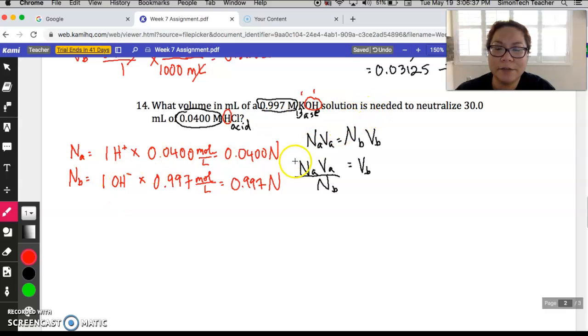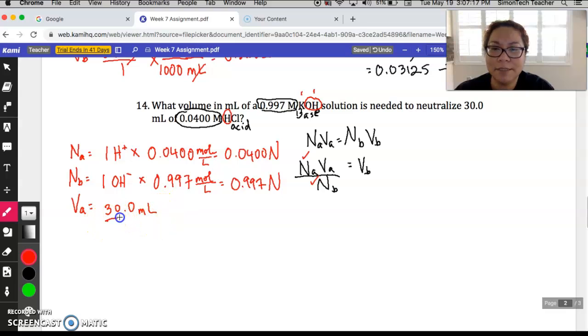All right, so we've got the normality of the acid and normality of the base. Let's try to figure out what the volume of the acid will be. And the volume of the base is what we are looking for. So the volume of the acid, let's see, does it say here? Yes, it does. Needed to neutralize 30.0 milliliters of the hydrochloric acid. So it will be 30.0 milliliters. And remember, these units are originally in liters. Let's convert the milliliters into liters.